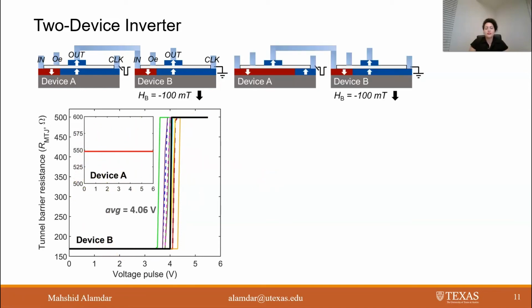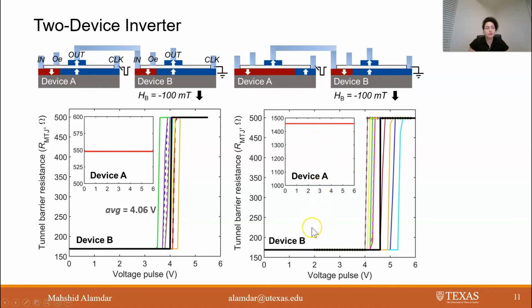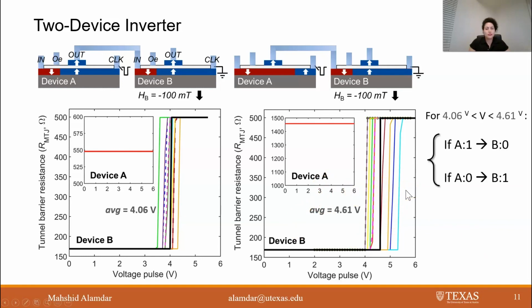On the other side, when device A is returned to its antiparallel state, for 10 reinitialization cycles, the current through device A switches device B from parallel to antiparallel, with an average switching voltage of 4.61 volts and variation of 15%. Thus, a supply voltage window has opened up between 4.06 and 4.61 volts, where on average the circuit will act as an inverter.